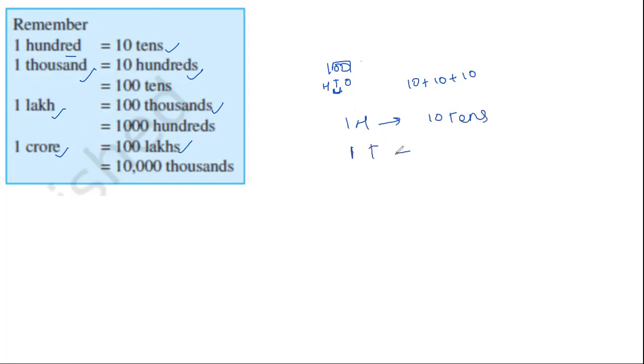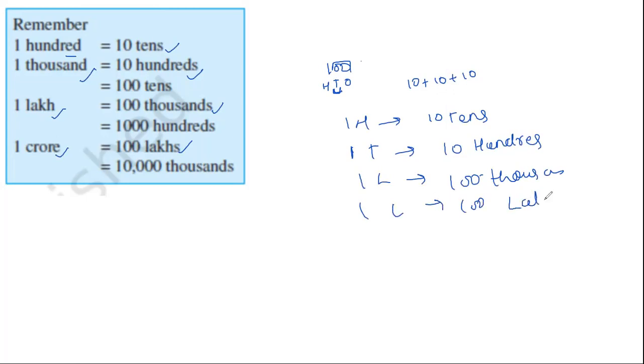In 1,000, 10 hundreds will come. In 1 lakh, 100 thousands will come. In 1 crore, 100 lakhs will come. So we can say it in this way: 100 lakhs will make 1 crore, and 100 crore will make 1 lakh. Okay.